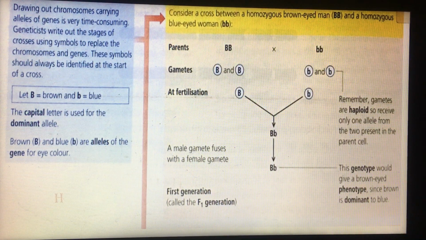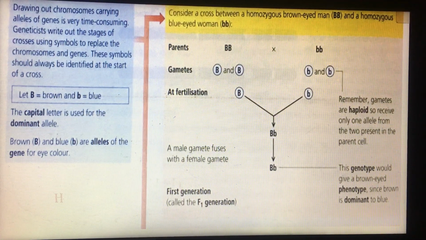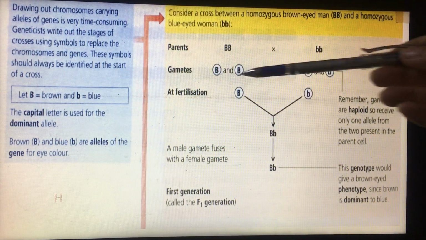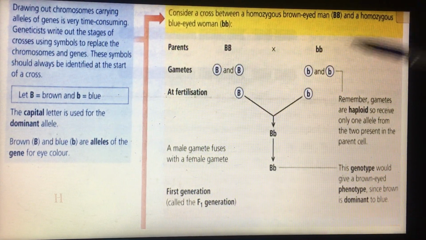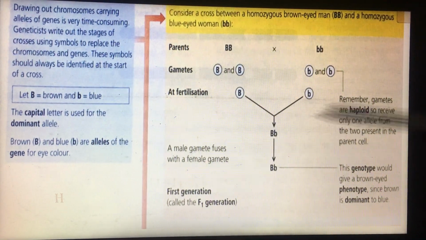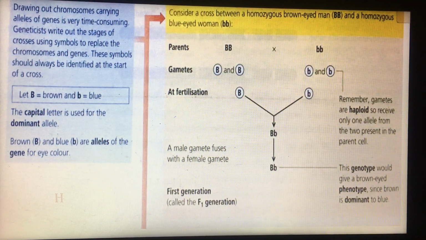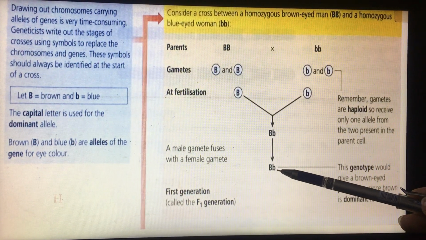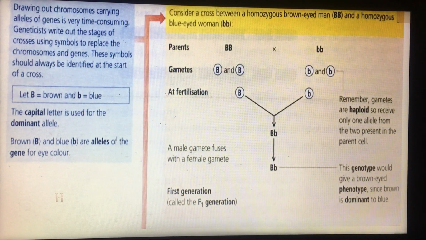So if one of the two letters is dominant, here one dominant and one recessive, when they cross they will produce B capital, B small. Here you have to know that if one of the two letters is dominant, the phenotype will be as the dominant.